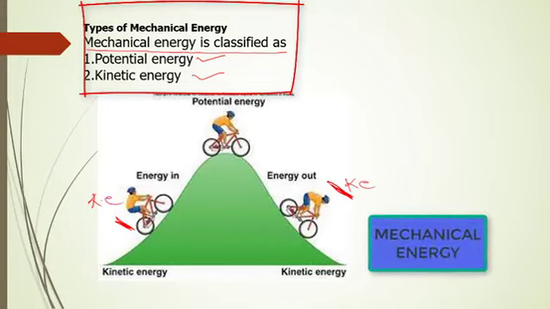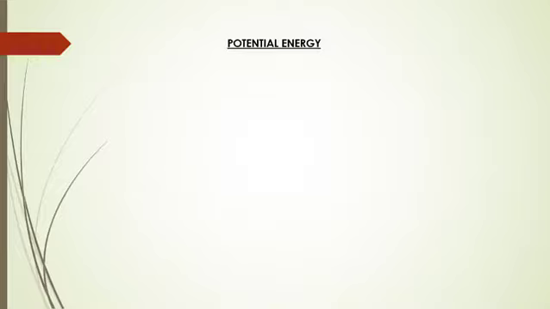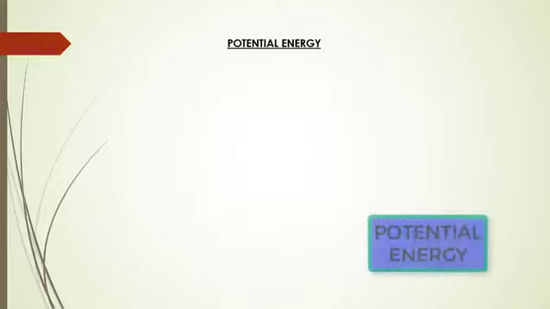But at this point here, the boy is stationary. He is at rest. He is not moving at this instant. He's just resting on top here. At this height, this boy possesses what we call potential energy. And that brings us to the definition of potential energy. So what exactly do we mean when we talk about potential energy?